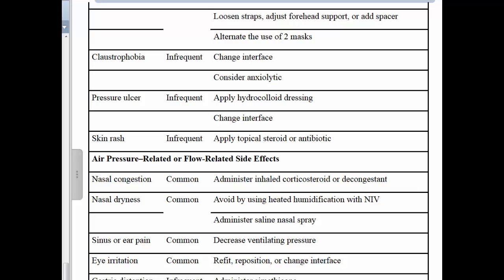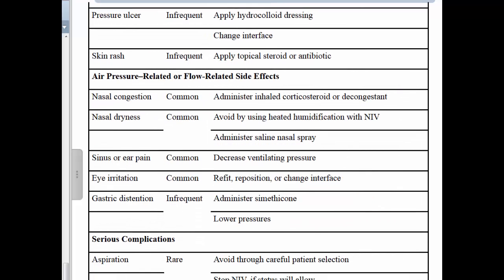I've seen people use 2x2 dressings, even a couple of alcohol swabs that have dried to lay across there, just to get to where the plastic part of the mask is not touching the nose, and it gives them a little extra padding there. Air pressure related or flow related side effects.